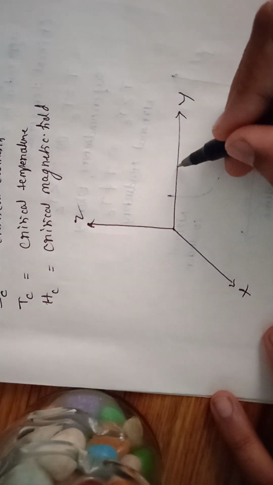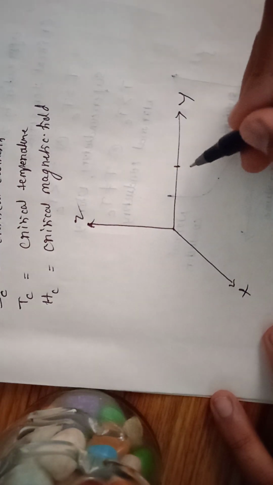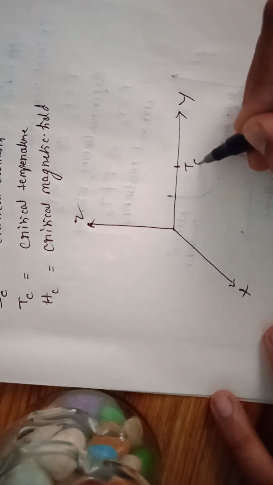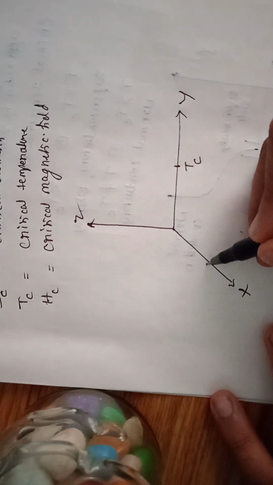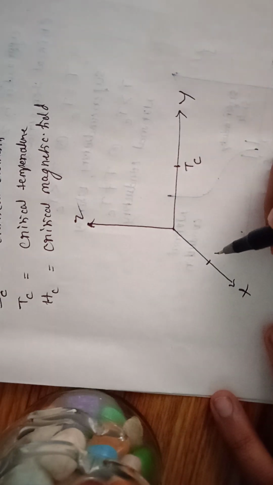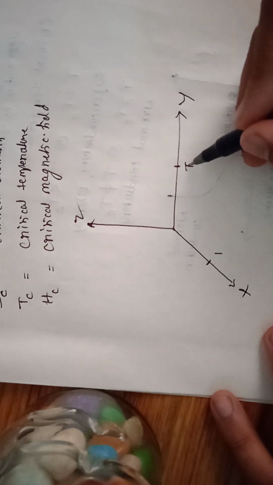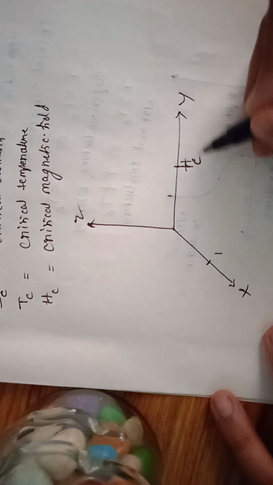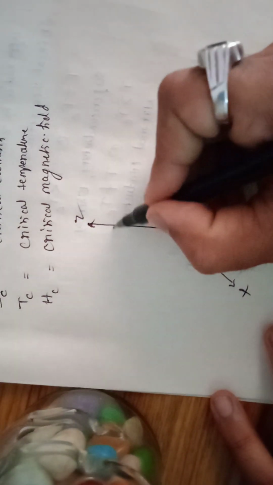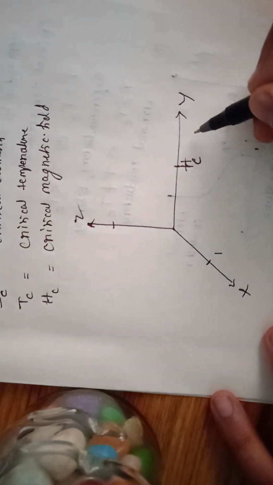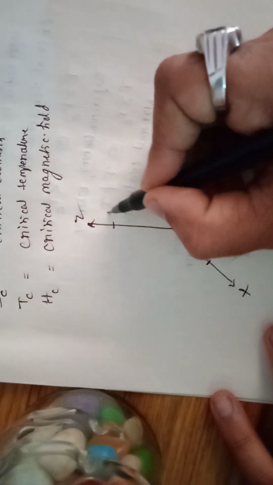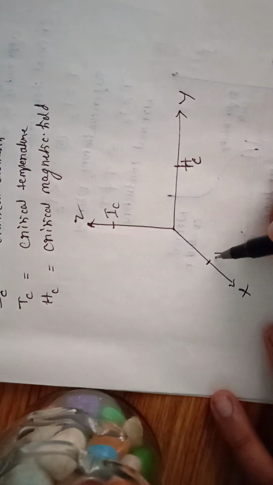This is the temperature axis, which we call TC. This is the critical current axis, and this is the HC, the critical magnetic field. I consider these because the electric current and magnetic field are mutually perpendicular to each other. So this is the critical current IC, and this is the critical temperature TC.